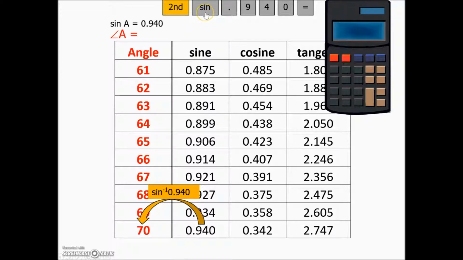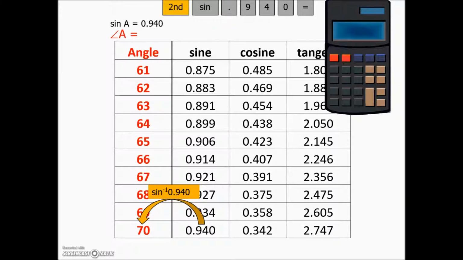If you look at your sine key, directly above it there will be printed sine to the -1 power. That's the inverse of that function. Whatever color that is, look for that key. And here we have our inverse or second function in gold. The printing above sine would be in that same color.